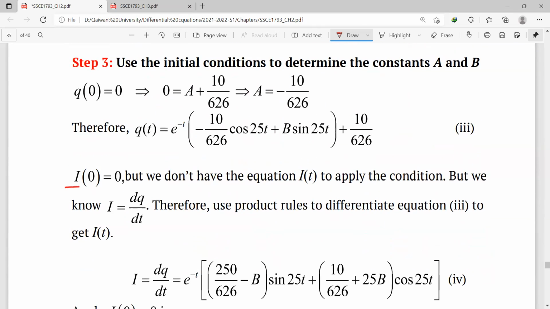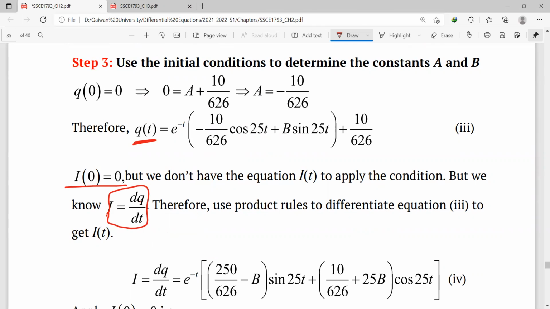I of 0 is 0, but we have no I in the solution. We have only Q. But I equals dQ by dt. That means Q prime of 0 equals 0. It's the same as that. Okay?